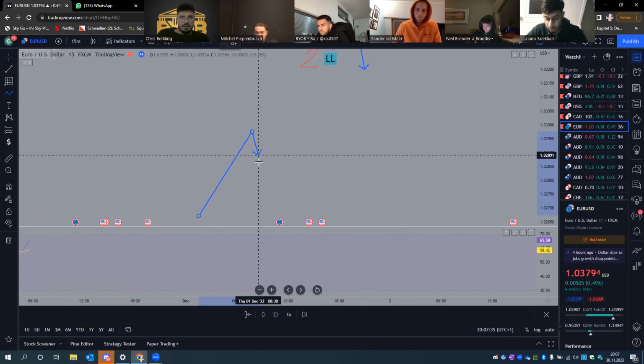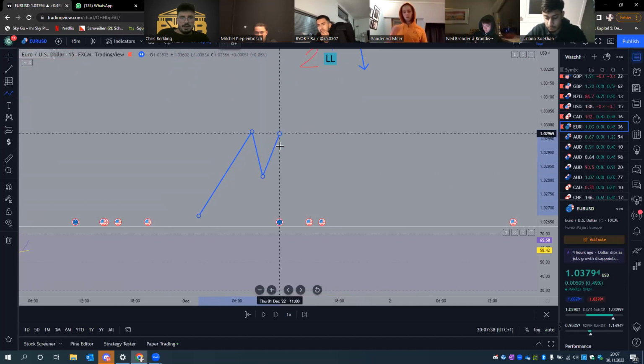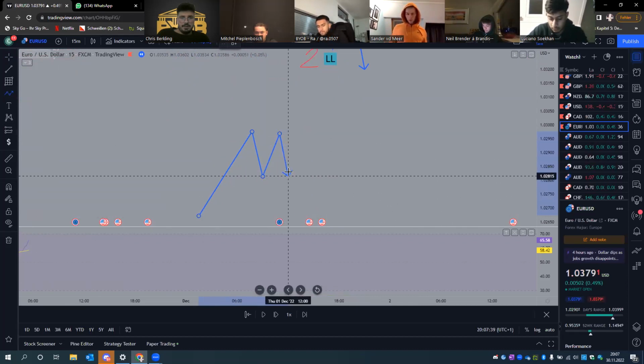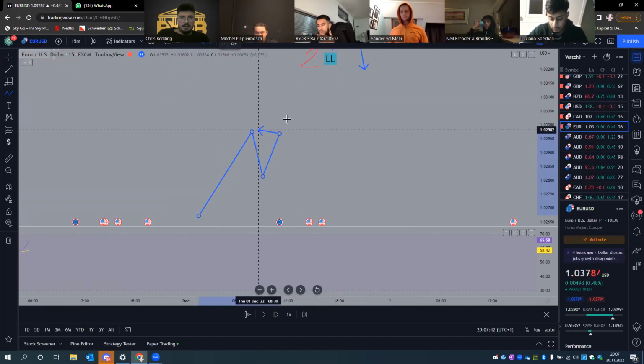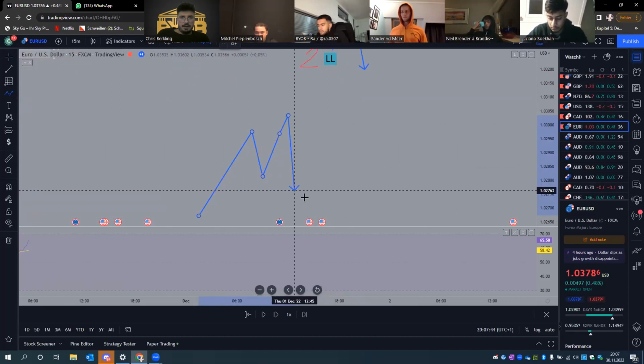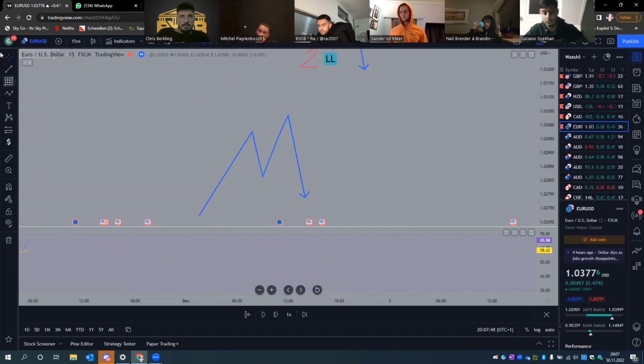Creating the higher low. And then you want to wait for signs of distribution, because on the shorter time frame you have a higher high, a higher low, and then you want a break of structure on that shorter time frame. And then it confirms your trade that the market is dropping. And then you can get back on that little retracement.